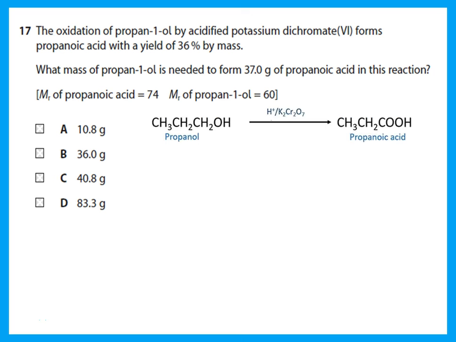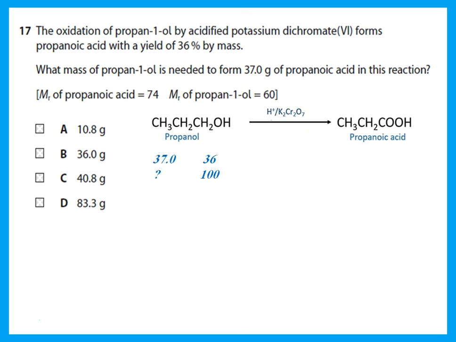So this is my equation. I'm starting with propan-1-ol, and I'm oxidizing it with acidified potassium dichromate. This gives propanoic acid. Now we're saying what is the mass of propanol that is needed to form 37 grams of the acid. And he's saying this 37 grams is 36% by mass.